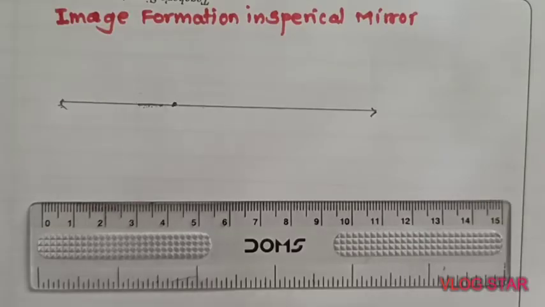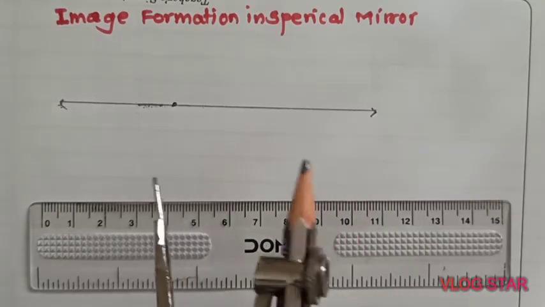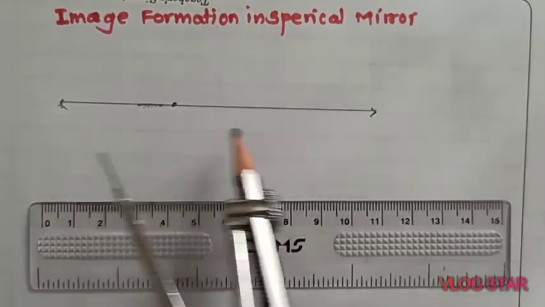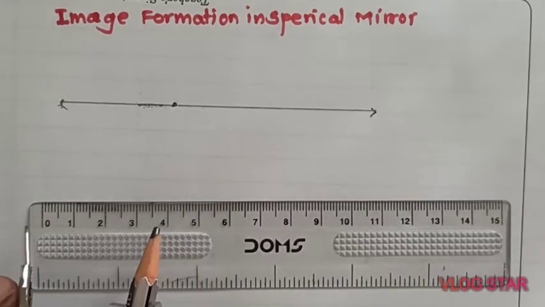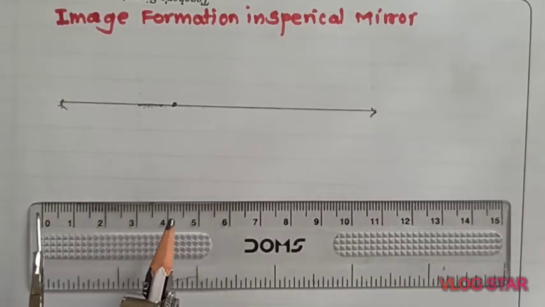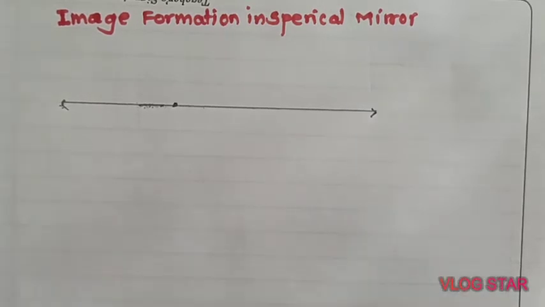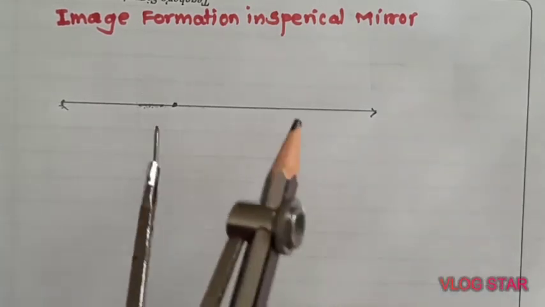Now we'll discuss how to draw spherical mirrors and what terminologies are used to relate the mirror. So first of all, draw one axis, what we call the principal axis, and for our convenience we will take an arc of radius 4 centimeter, not necessarily 4 itself, but for practical purpose.